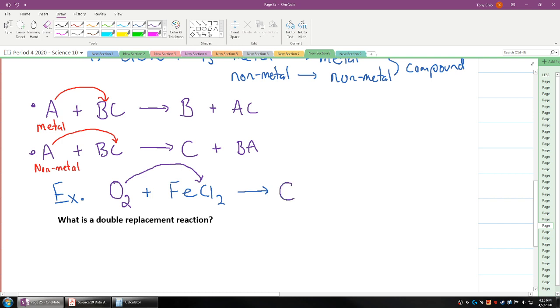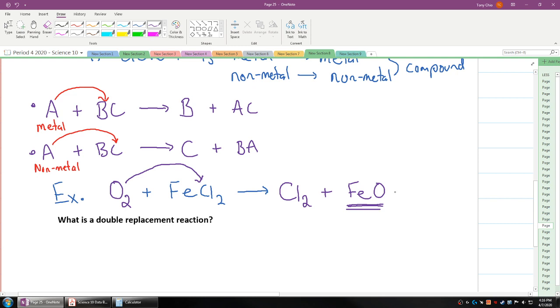Thus, you're going to get chlorine by itself, and you're going to get iron 2 oxide. Now, the reason why it's FeO is because iron, in this case, is positive 2. Oxygen is minus 2, thus you only need one of each. That's why it's FeO. So this is an example of what we call a single replacement reaction, in which, again, the charges still apply to your ionic compound.